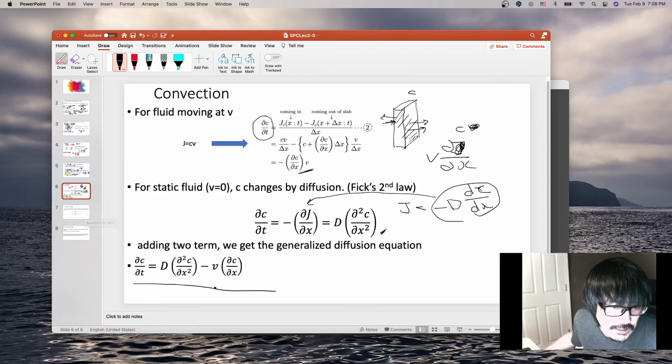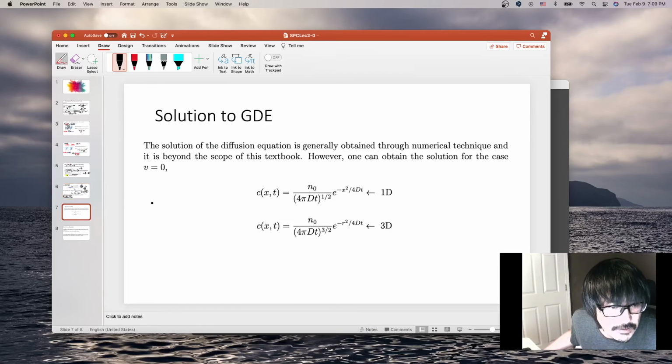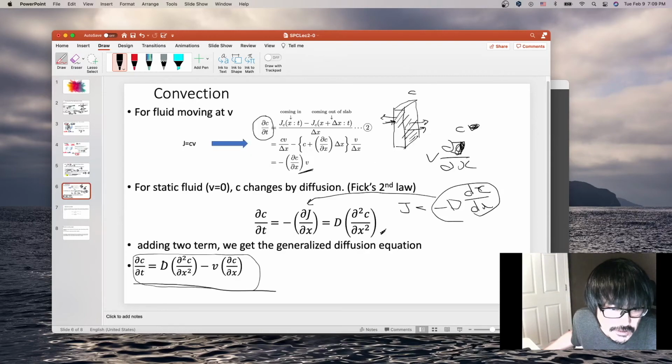And of course, when you try to solve this equation, that's more or less computerized numerical solutions. Most of the time, the engineering people work on these types of things quite a bit.